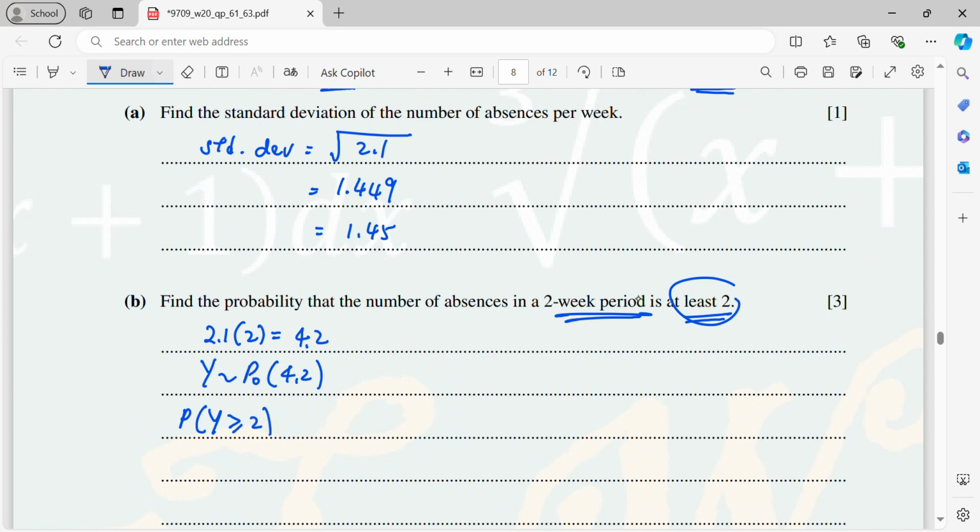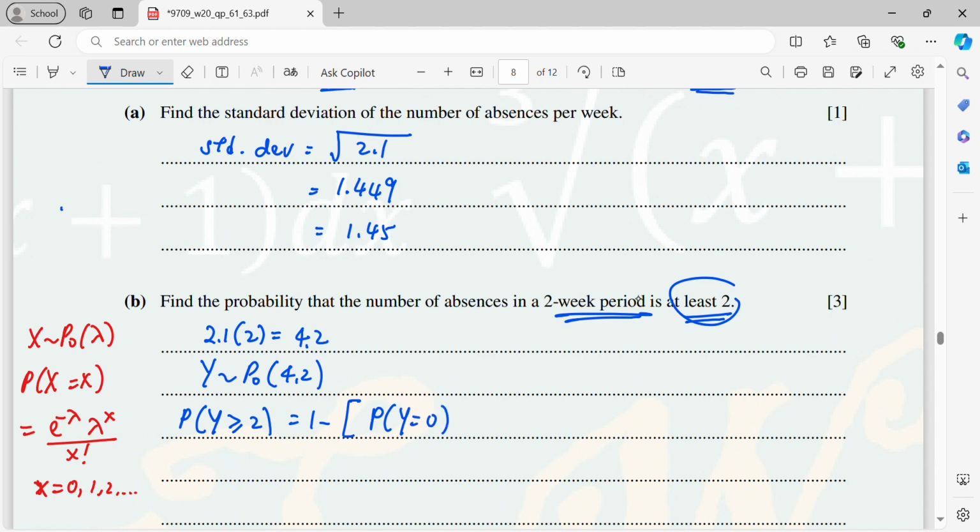So for the Poisson distribution, P(X equals x) is e to the minus lambda, lambda to the x over x factorial. So your x will be from 0 onwards. So greater or equal to 2 means 2 onwards. So I will use 1 minus all previous Y values.